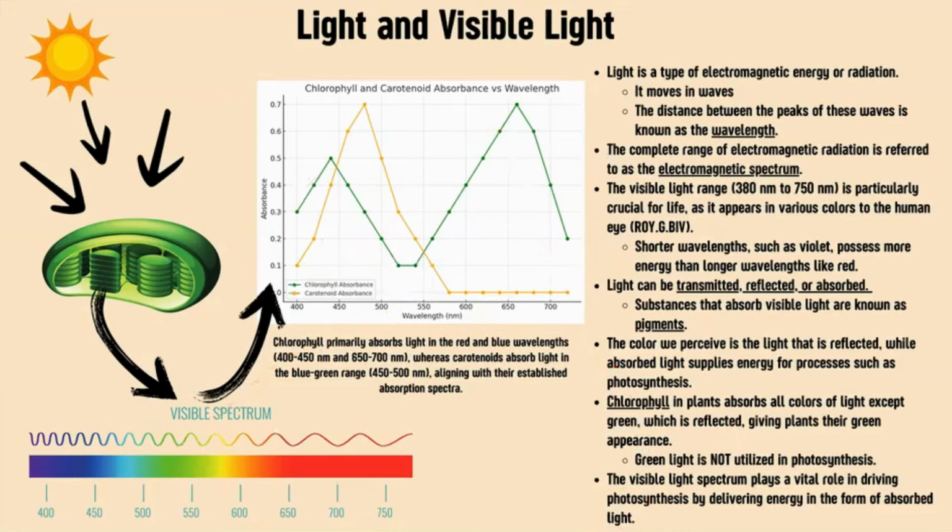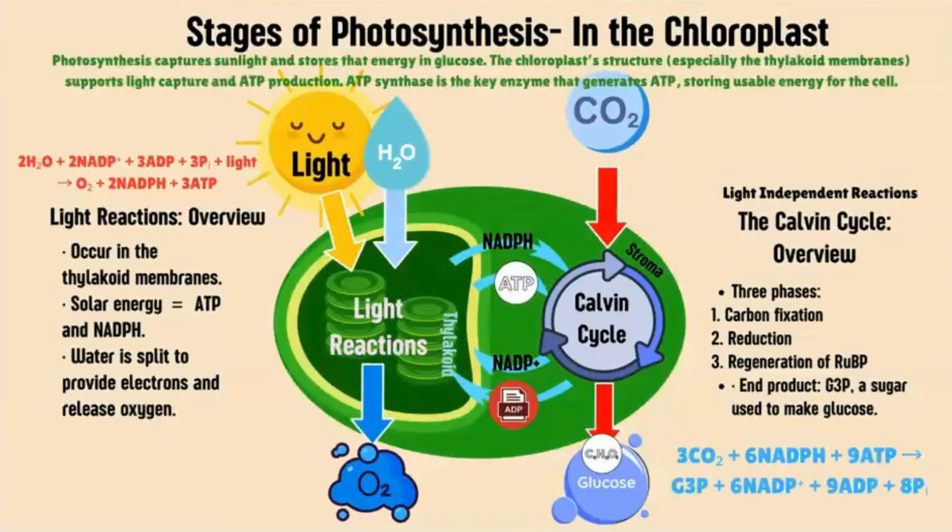Now let's go into more detail when it comes to the stages of photosynthesis. There is more specific detail with photosynthesis, but I want to give this to you as a preview. This is the chemical reaction that is noted for the light reaction. Remember, photosynthesis is a process where we capture light and store the energy in the form of glucose, which is released from the Calvin cycle.